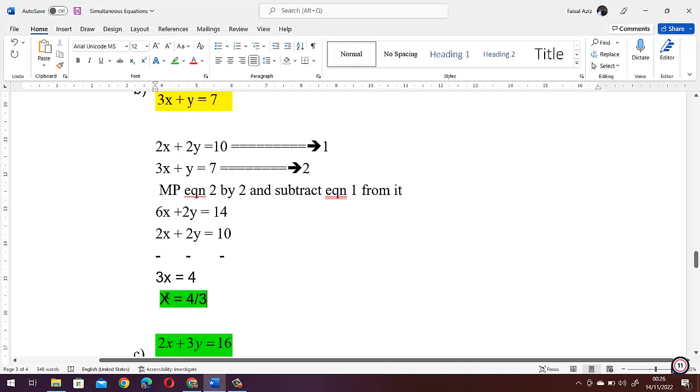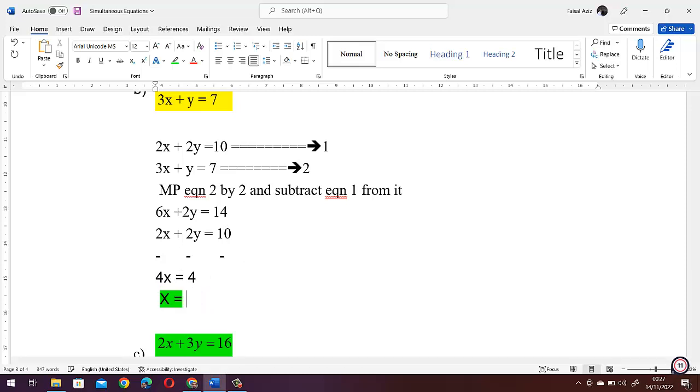After getting a value of x, we can put this value in any of the equations to get the value of y. Okay, let me make a correction. It is not 3x, it is 4x. I've just noticed. Okay, 4x equal 4, and x will be equal to 1 only. So x value is equal to 1.